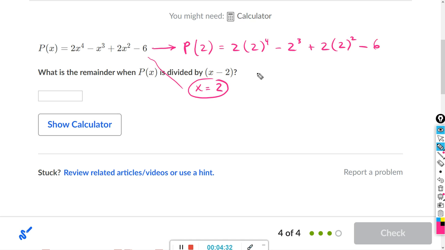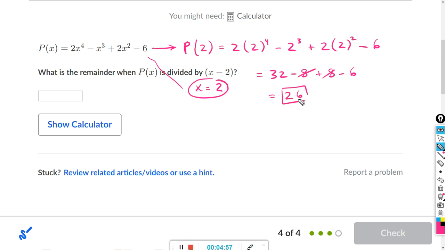You can use the calculator if you want. This is going to be 16 times 2 minus 8. And this is 2 times 4 plus 8 minus 6. -8, +8 cancel. 32 minus 6 is 26.